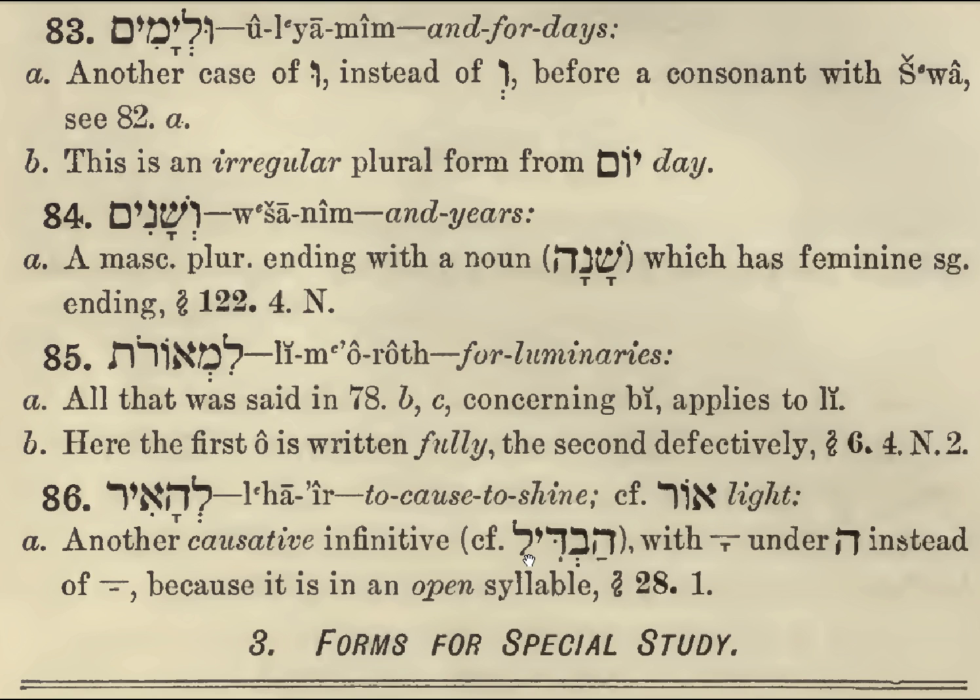Habdil, with a vowel under the h instead of the patach. It has to be that way because it's an open syllable. An open syllable will have a long vowel. Laha'ir. To cause to lighten, to cause to shine.